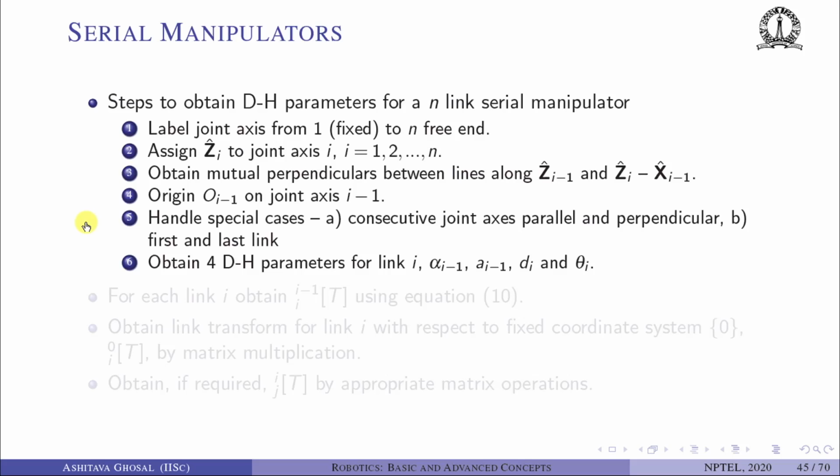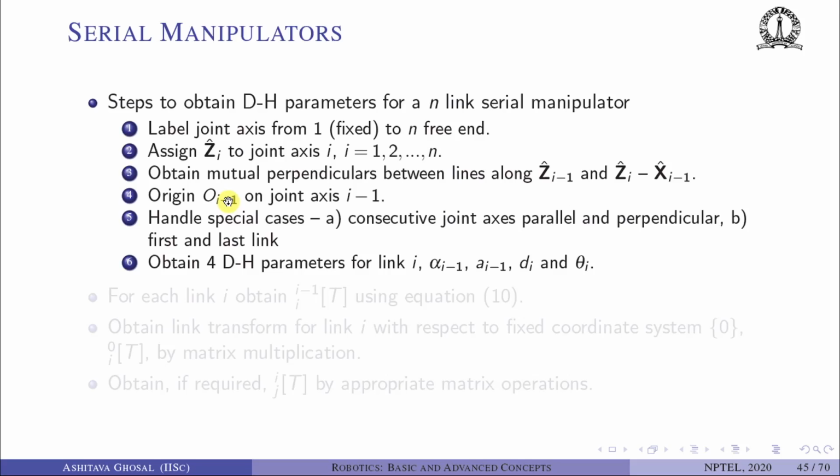Obtain the mutual perpendicular between lines zi minus 1 and zi, between two consecutive joint axes, and we call it xi minus 1. And the origin oi minus 1 is on the joint axis i minus 1. So zi minus 1, xi minus 1, oi minus 1 determine the coordinate system which is attached to link i minus 1.